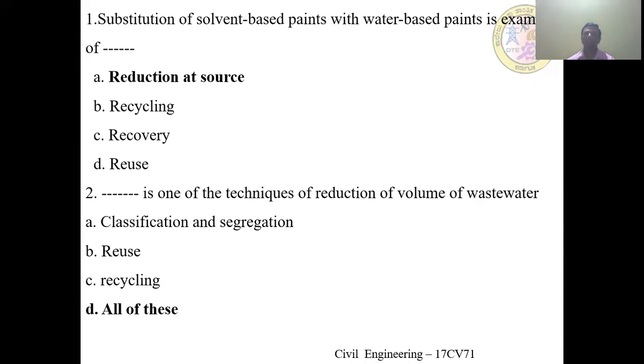The substitution of solvent-based paint with water-based paint is an example of reduction at the source. That means alternatively we can reduce it at the source, at the beginning. Dash is one of the techniques of reduction of the volume of wastewater: classifying and segregation, reuse and recycle. These are some of the ways we can reduce the volume of wastewater.